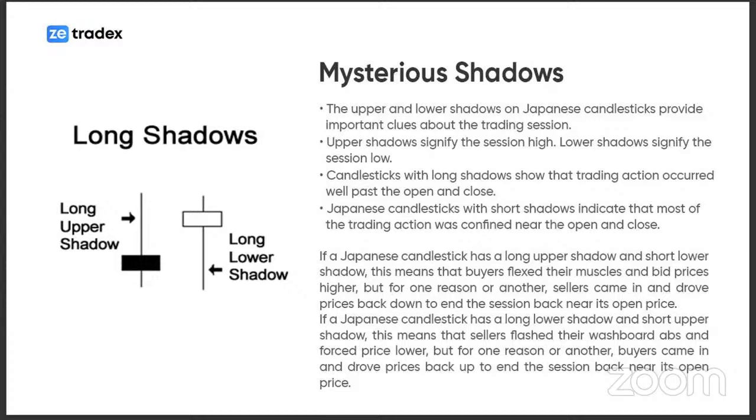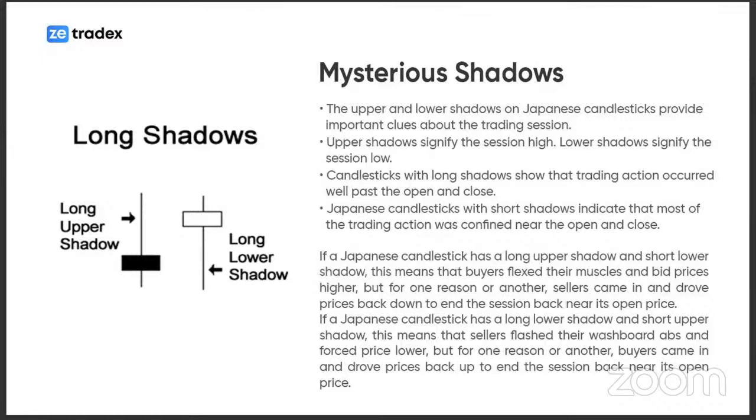The upper and lower shadows on Japanese candlesticks provide important clues about the trading session. Upper shadows signify the session high, while lower shadows signify the session low. Candlesticks with long shadows show that trading action occurred well past the open and the close, while candlesticks with short shadows indicate that most of the trading action was confined near the open and the close.